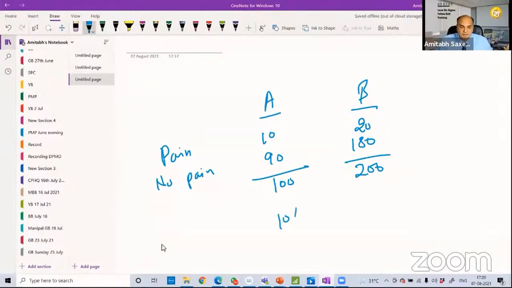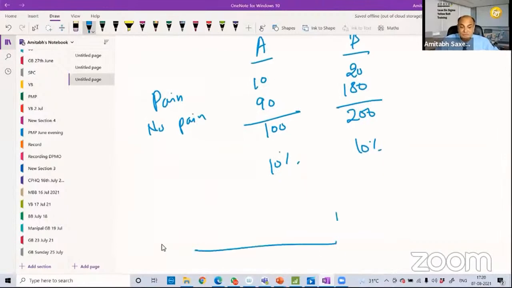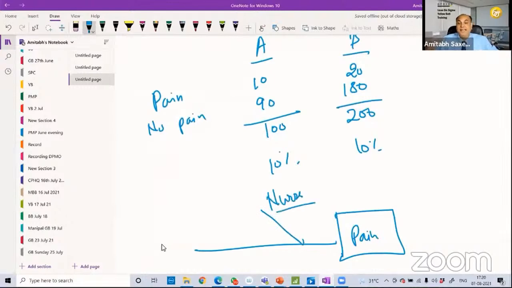Here 10% of people are complaining, and here also 10%. So the problem is not in the nurse. I'm trying to improve pain. I suspected the nurse is an issue.